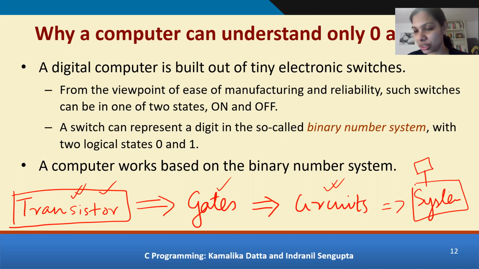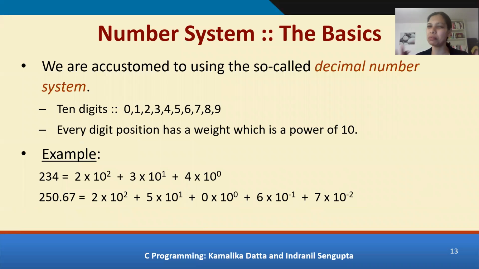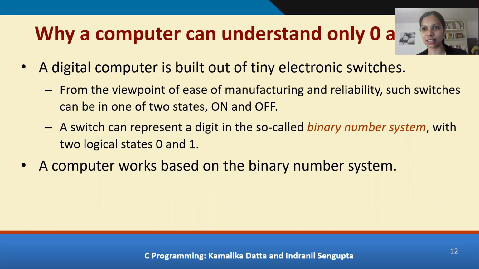I'm not going into the details of number systems again, but to give you a very brief idea: in the previous slide, when I said the computer can only understand 0 and 1, that means everything written in the computer, in memory, in the processor, is based on 0 and 1. Keep this in mind: all your data, all your instructions, everything is converted in the computer into the form of 0 and 1.